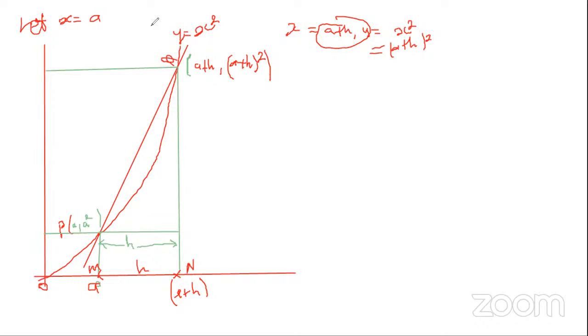So now that we have our 2 points, how do we get the gradient of PQ? You can put up your hand or just unmute and speak.